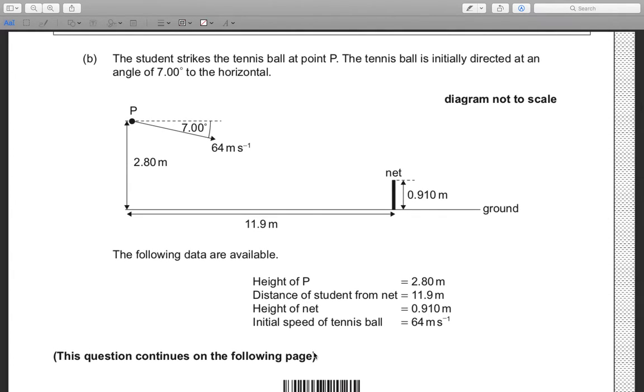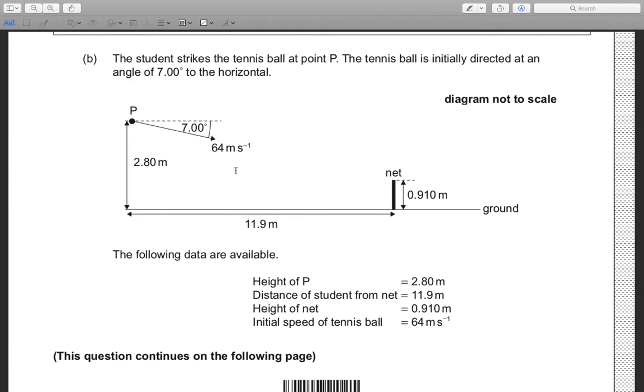This is another condition. The student strikes the tennis ball at point P. The tennis ball is initially directed at an angle of 7 degrees to the horizontal.